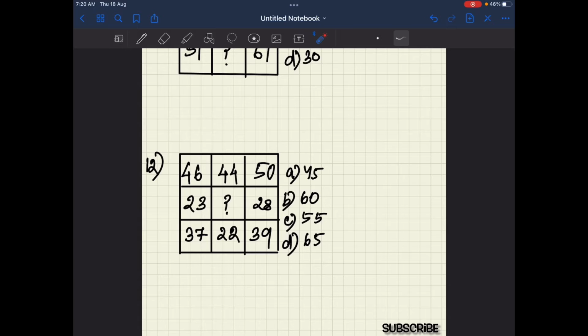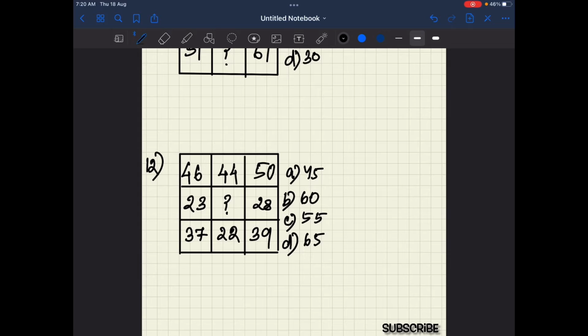If we divide this particular column by 11, then 46 plus 44 divided by 11 gives 50. Then 37 plus 22 divided by 11 gives 2, so 37 plus 2 is 39. So our logic is correct.